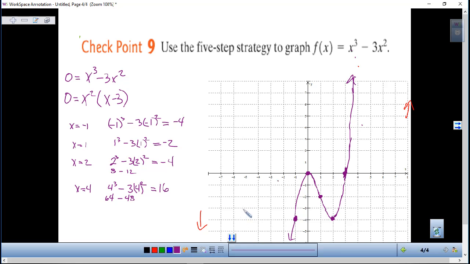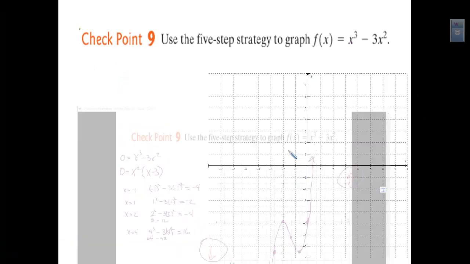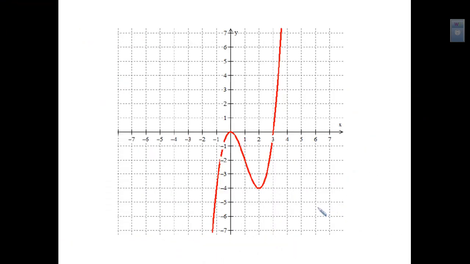So that's roughly what we're looking at when we graph this, and we notice that the end behavior holds true. We go down here, we go up over here. Alright, and there is an actual real graph of that thing. And notice we held very close to what we did.